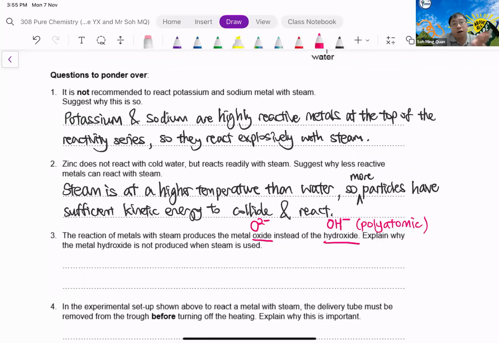And that's the reason why you have learned carbonates can decompose to form the oxide and carbon dioxide gas. Because the CO3 2- can decompose. Similarly, sulfates, nitrates can also decompose when heated to the right temperature. So OH minus hydroxide is also no exception. When you heat it to the right temperature, it will decompose.